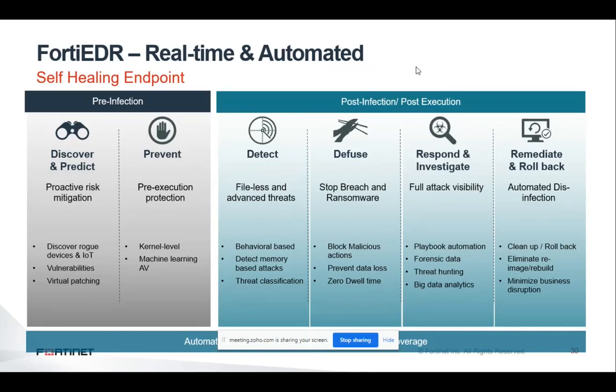100% prevention is of course unrealistic, and as CISOs defend against more frequent and sophisticated threats, they look to make their SOC more mature with the right tool set. So FortiEDR does this in the following ways.